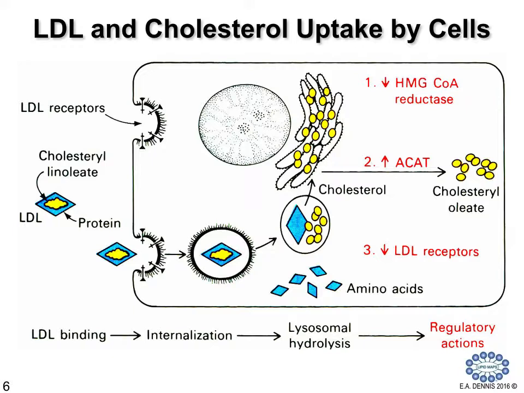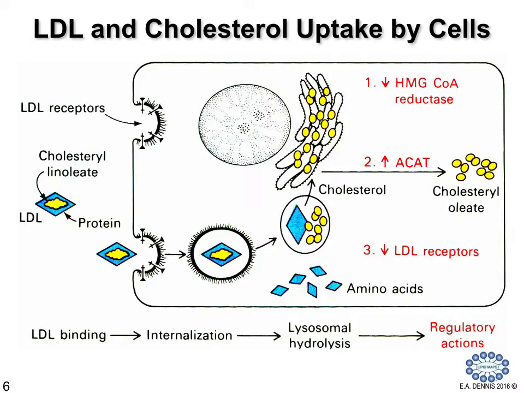These receptors recognize ApoB100, the main apoprotein on LDL surfaces, and these receptors take up the particles by endocytosis, forming endosomes, which fuse with lysosomes, where lysosomal enzymes hydrolyze the proteins to make amino acids and hydrolyze the cholesterol esters to make free cholesterol.